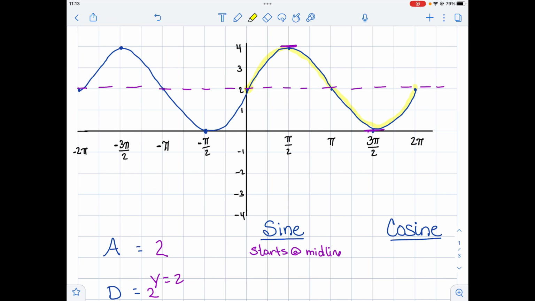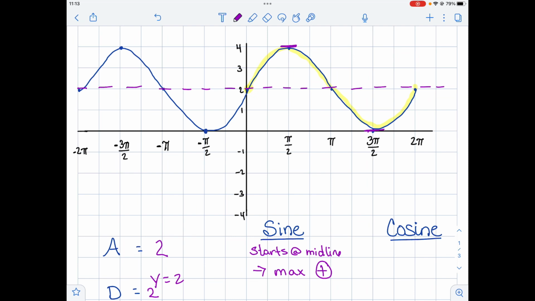Now, to find the value that goes in front of the a value, whether it's a negative or positive graph, we have to look at what type it is. We've determined that we're going to look at this one as a sine for a moment. If we start at the midline and we're moving towards the max, that is positive. So we have a positive sign in front of our equation.